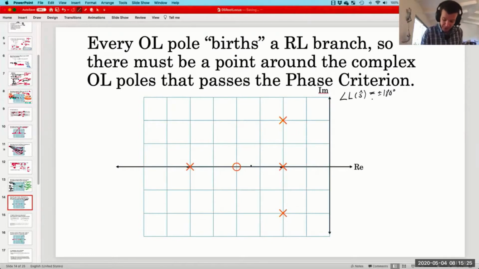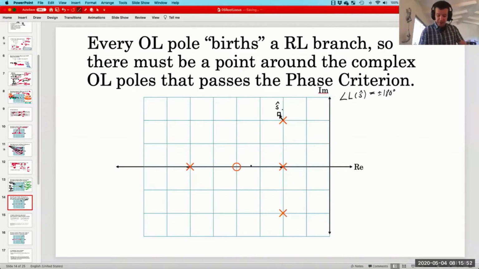And what we're going to do is pick this test point and put it somewhere in the neighborhood of the open loop pole that we're trying to depart. Now the idea is that I want to pick this test point as close as possible to this open loop pole, but not exactly on it, because I need to measure the angle at which we get from this point to that point. That's going to be the crucial angle.